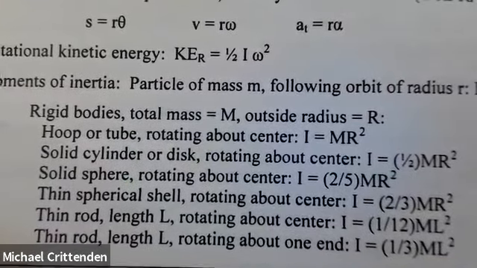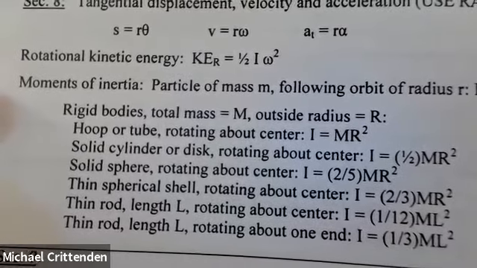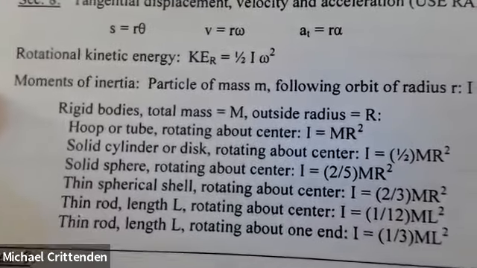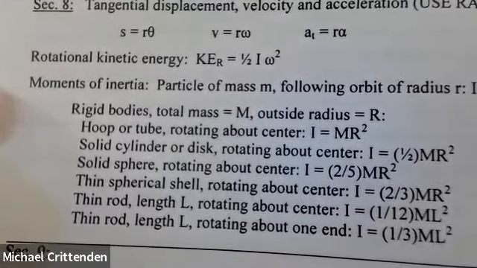Now, next one down, if you've got a solid rod instead of a piece of pipe, or the way it's written there, a solid cylinder or a disc, only 1/2 mr squared.